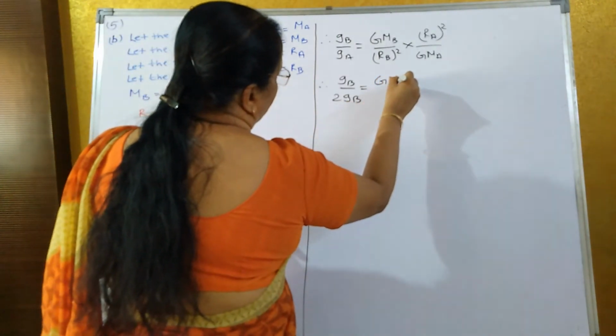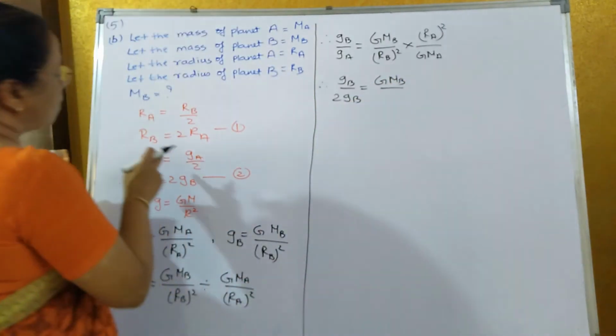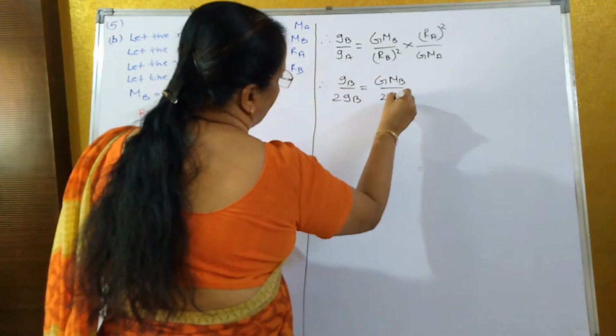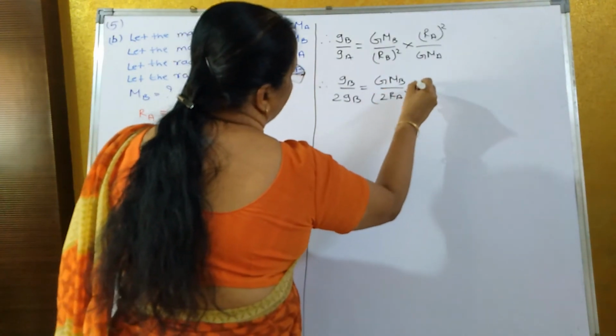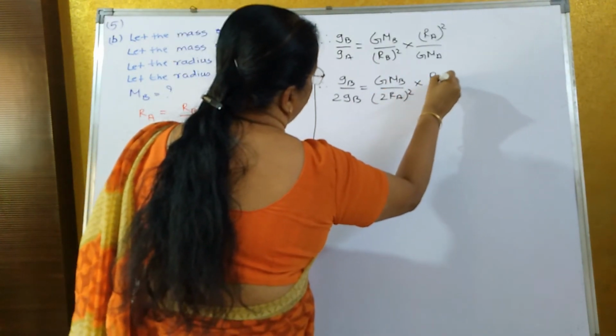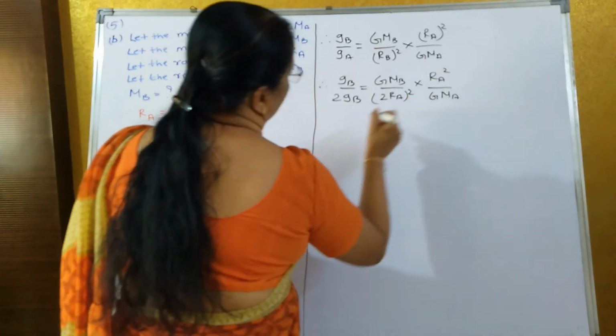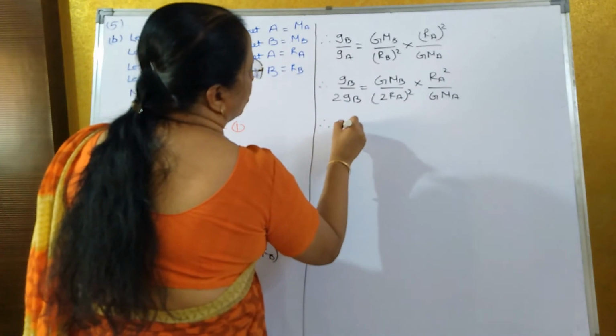2 GB is equal to GMB upon, instead of RB, what will I put? Twice RA. 2 RA the whole square into RA square upon GMA. Now when you open the bracket, what you get?